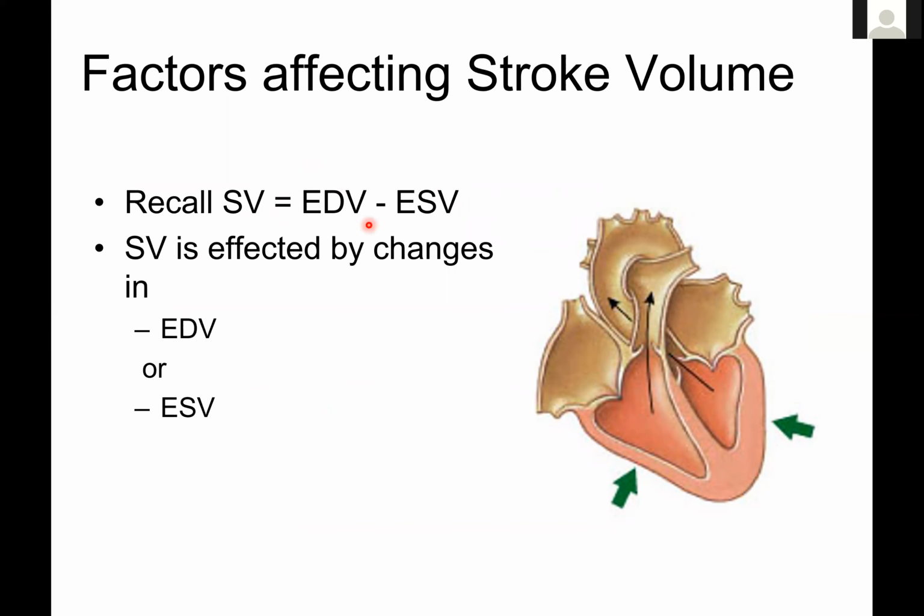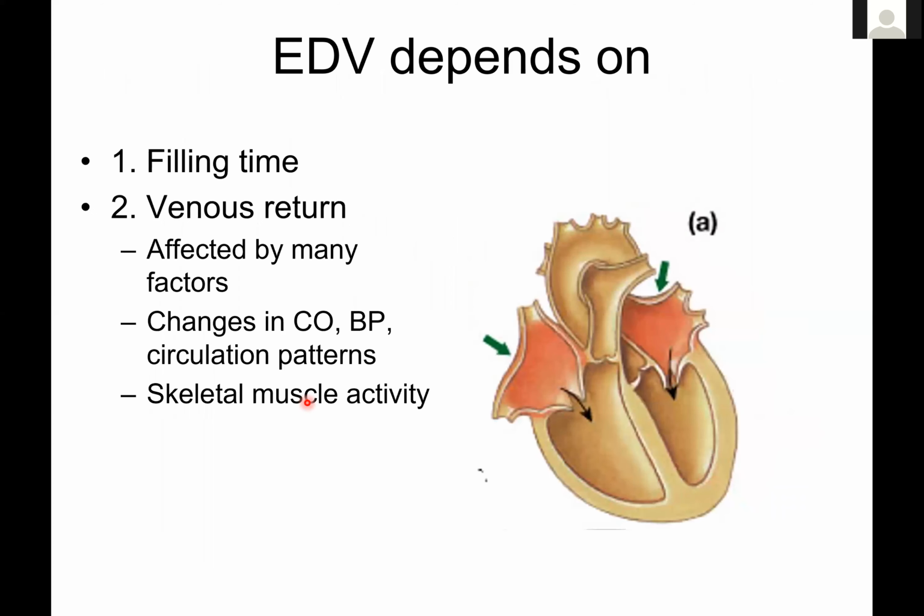So if EDV is bigger, but ESV remains the same, so more blood's returning, then you're going to have a larger or smaller stroke volume, right? And you can imagine other scenarios accordingly. So I could theoretically give you stroke volume and one of these and ask you to calculate the other one, for example.